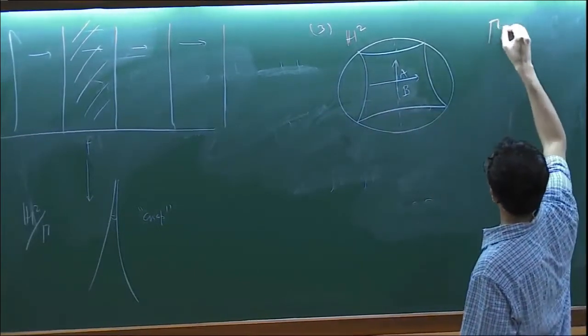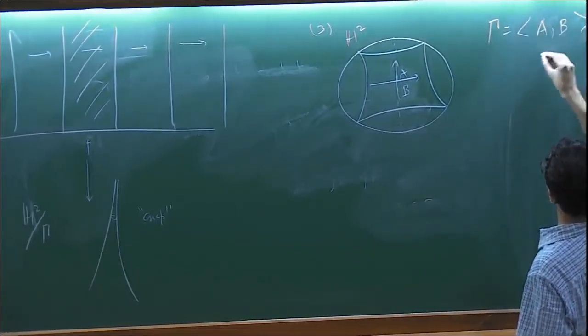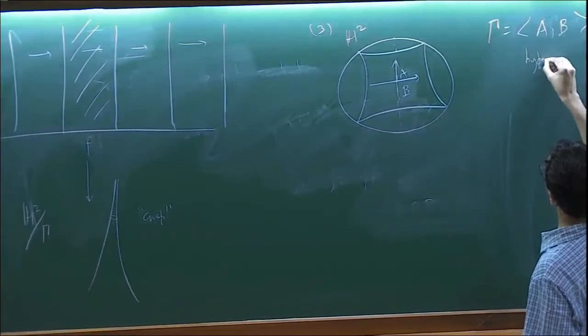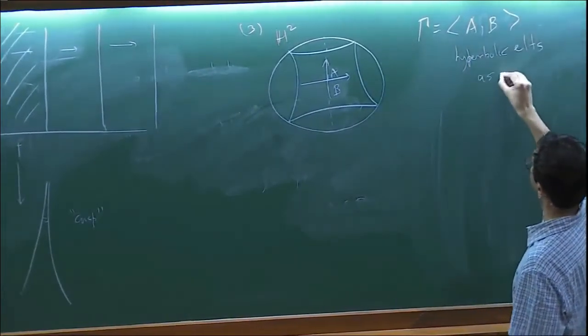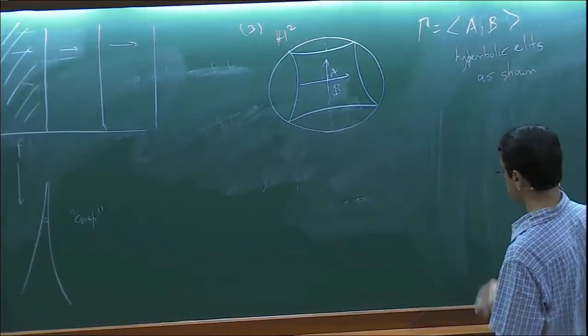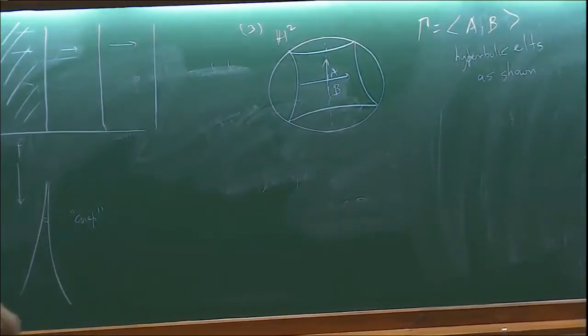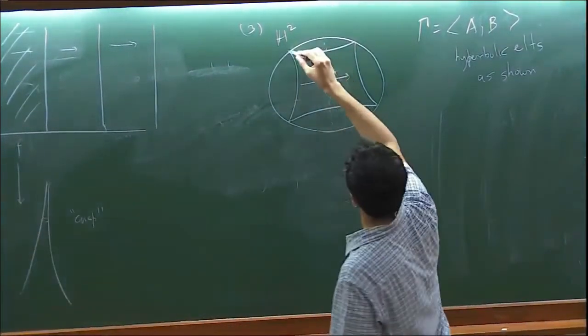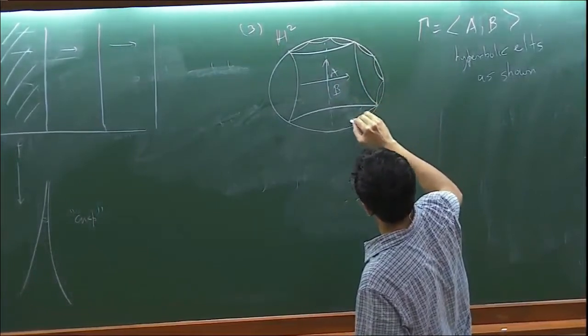So if you look at gamma generated by A and B, so these are the hyperbolic elements as shown in the picture, then you would get a discrete group, it turns out, and it generates a tiling of the hyperbolic plane.